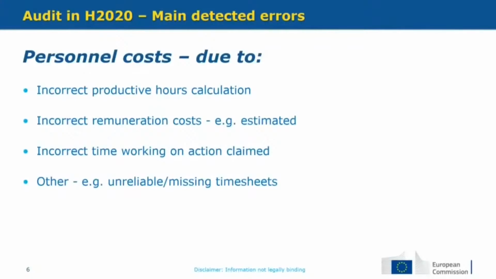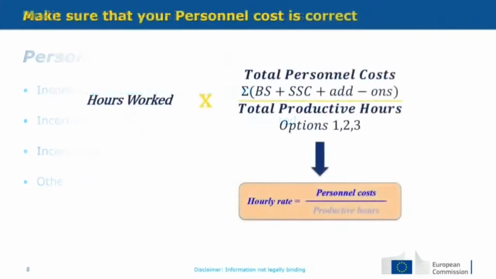And of course, all the elements explained earlier by my colleague David about the timesheets should obviously be taken into account, because this may lead to errors if this is not the case. And of course, unreliable or missing timesheets may lead to rejection of cost or to calculation of adjustments by the auditors. Just to make sure that the personnel cost is correct, how do we tackle these errors?